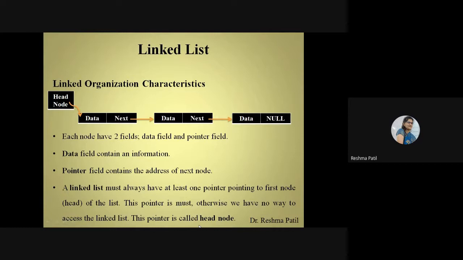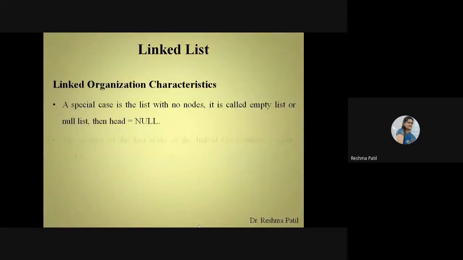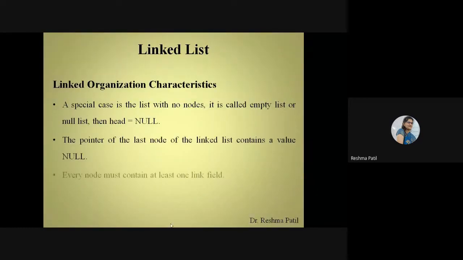This pointer is called the head node. A special case is the list with no nodes. It is called an empty list or null list. At that time head is equal to null. If head is equal to null, we can say that there is nothing in the linked list.